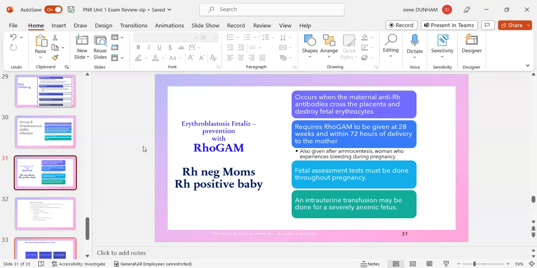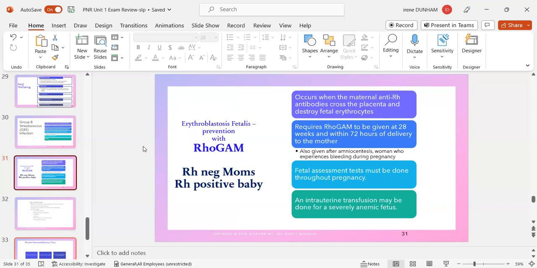Incompatibility. Okay, so what happens? Remember this. You have an Rh negative mom. Okay, we don't know what the baby is. So we're assuming that we have an Rh positive baby, right? So we have to treat it that way. What we're going to do is give mom Rogaine. And I know Hesse has questions on this.